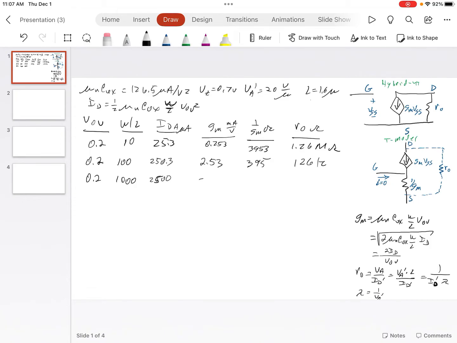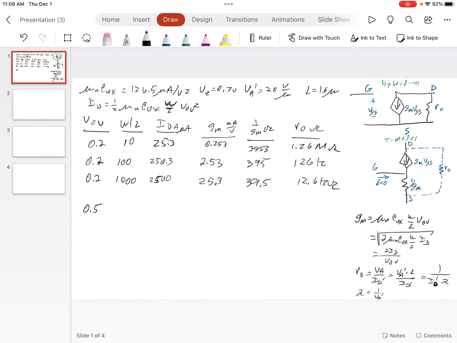That would give us 25.3 milliamps per volt, which is quite a big value. It would give us a very small resistance of 1 over gm of 39.5, but only 12.6K for r_o. And that's so small that we might often have to include that r_o there. It's just to the point where it might be important.